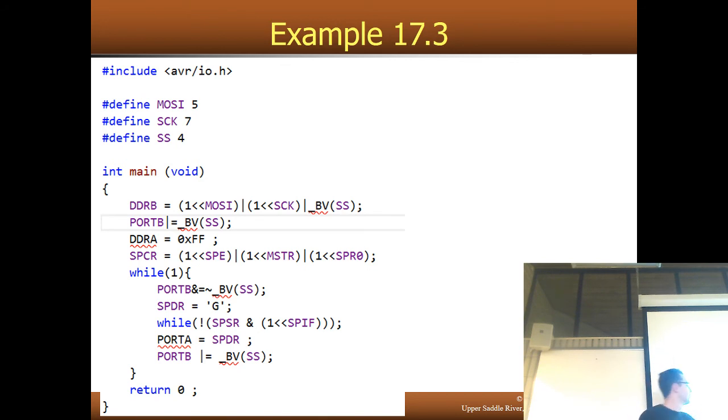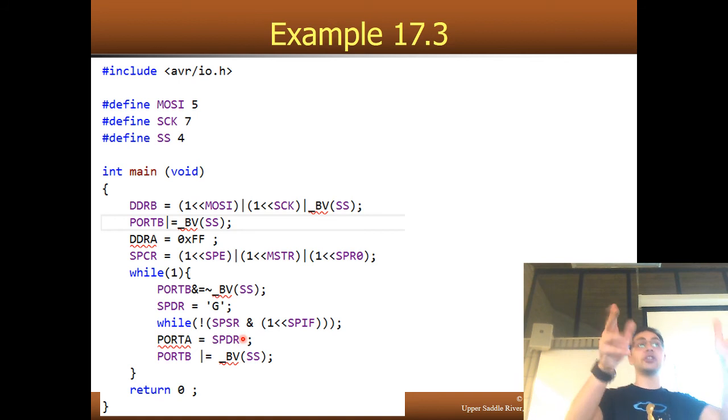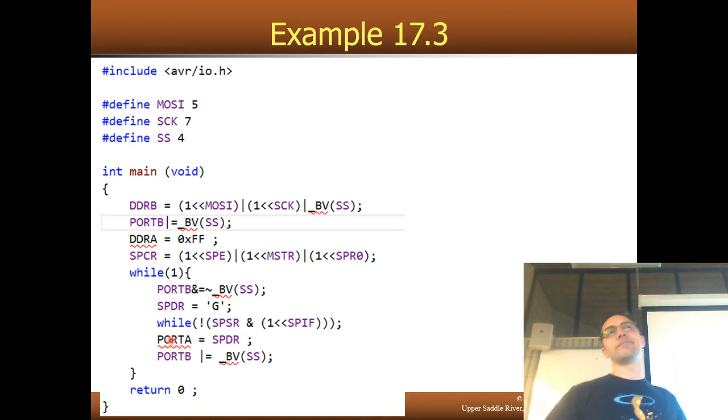While it is 0, do nothing. Finally, this last line says, take whatever data we received, because we sent out a G, and when we sent out that G, we received a byte, put it on port A. Fine, we're just doing something with it.